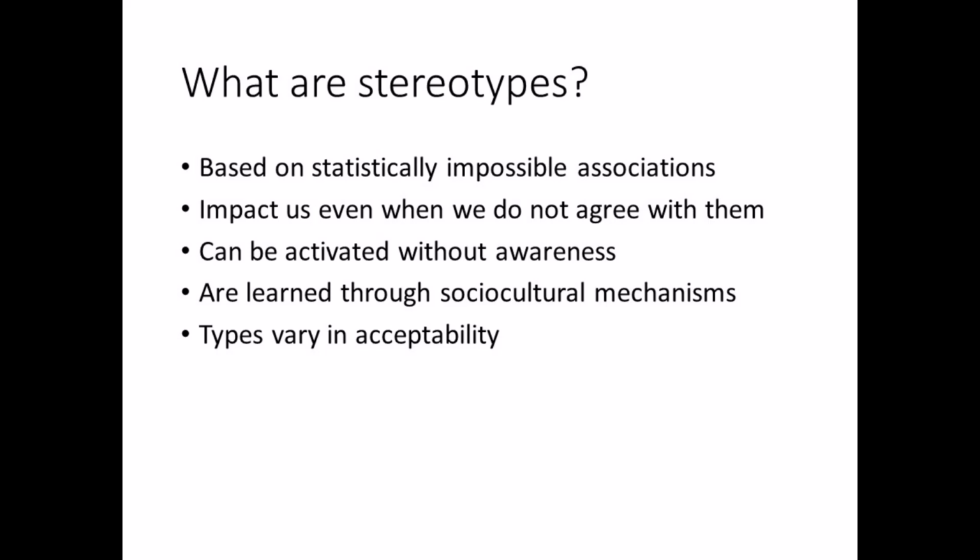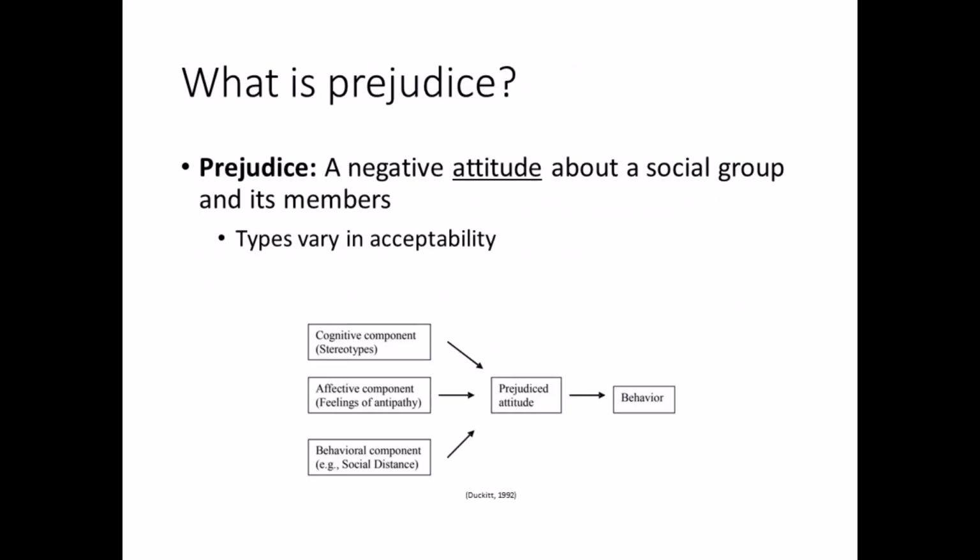Simply knowing that a stereotype exists can activate it when we are exposed to a member of the stereotyped group. Recall that we learn these beliefs through our unique experiences, at home, at school, at work, in our neighborhood, and through media.